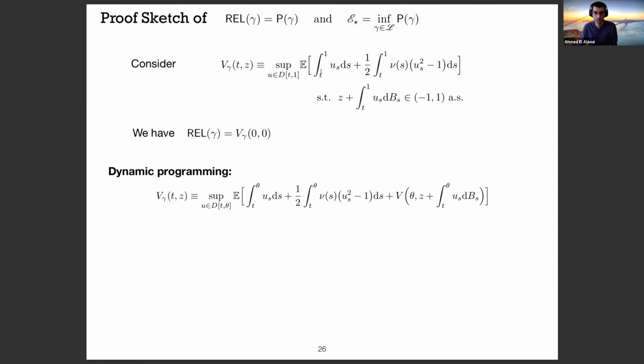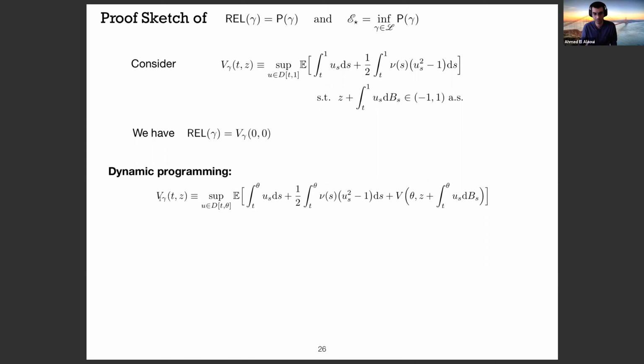So what you can do is you can split these integrals from t to theta, and then from theta to 1, and split this supremum. Since you have a supremum over all processes from t to 1, you can split it on processes from t to theta and theta to 1, and then push the supremum from theta to 1 inside. By a Markov property, you can do this.